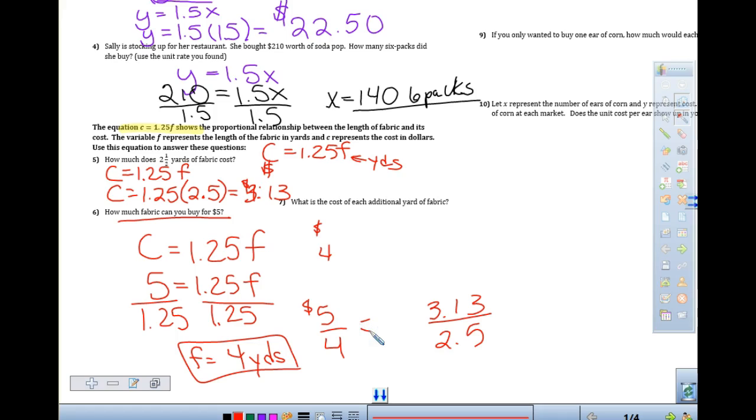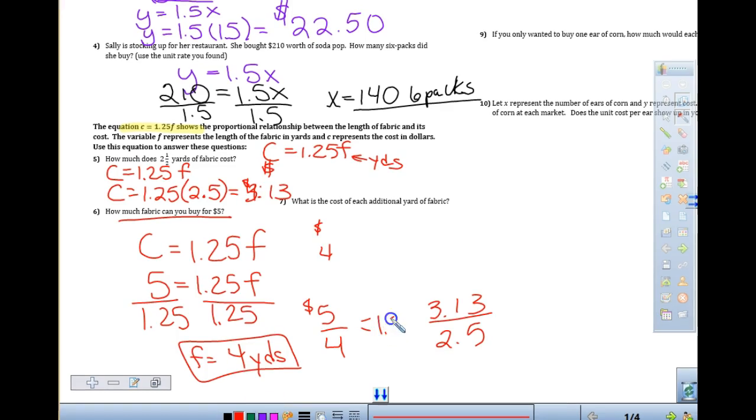If you don't have a calculator, grab one in the front. Do that now. Some of you don't still have calculators. Grab a calculator up here or take yours out. This comes out to be 1.25. This one came out to equal 1.25. If I was asking you, what is your additional cost per yard? It should be the unit rate, which was $1.25.